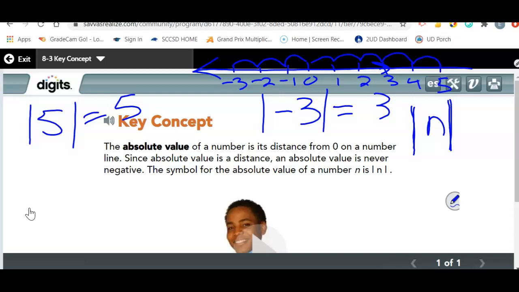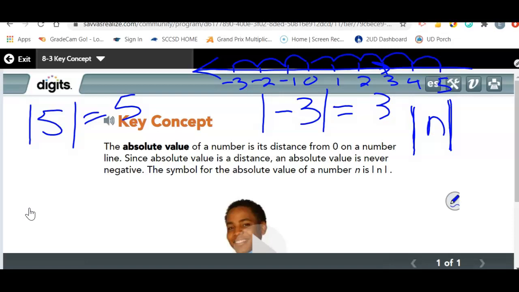You know, we went to the left. It's still a distance. This right here is the distance it traveled. Okay, it's a positive number. Questions? All right. I want you to try the questions in part 1, and there's a tricky one.